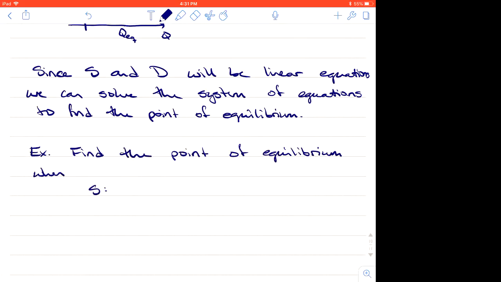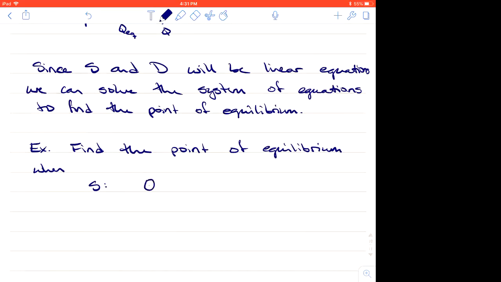When the supply curve has the following equation, Q equals 2P. We've replaced X's with Q's and Y's with P's. Doesn't really matter, right? And the demand curve is Q equals 10 minus 3P.